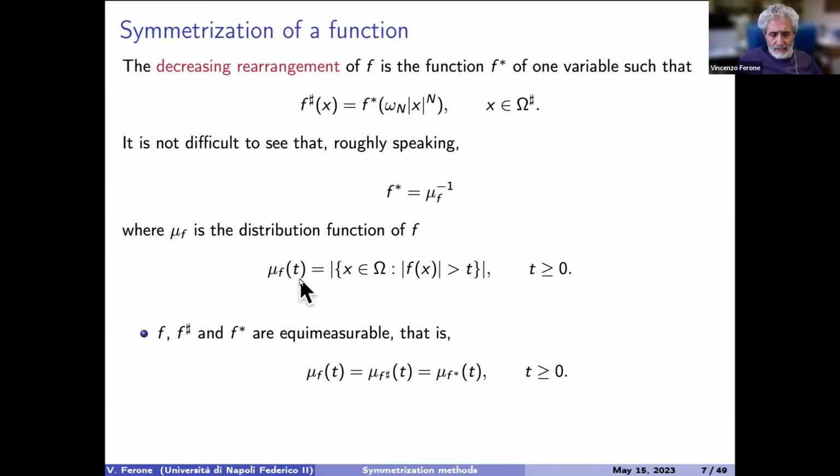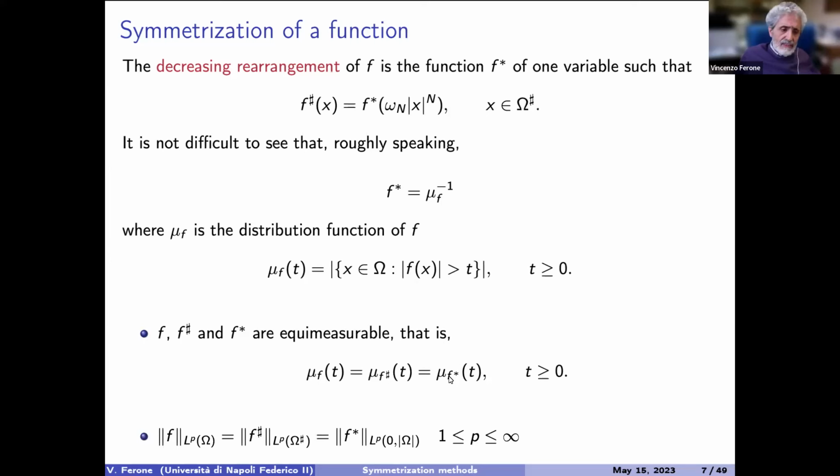So in view of the fact that these level sets are the same, F, F sharp, and F star are equimeasurable. That is, if I compute mu of F, mu of F sharp, and mu of F star, they are the same.